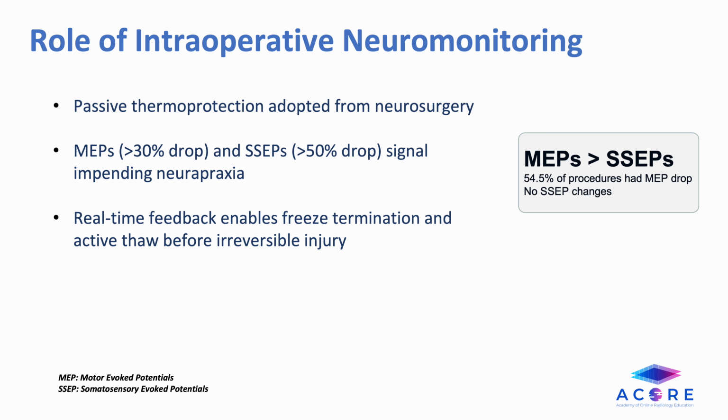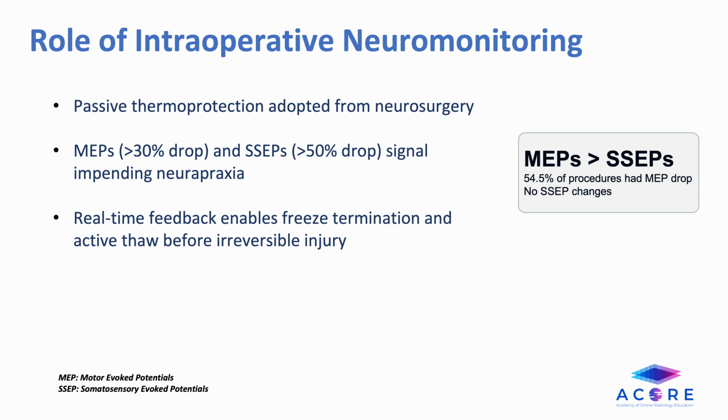Moving on, let's talk about the role of intraoperative neuromonitoring. As we know, passive thermal protection techniques like hydrodissection, pneumodissection, and hydroconvection have been used for years, but intraoperative neuromonitoring offers a real-time functional approach as it monitors motor evoked potentials and somatosensory evoked potentials to detect conduction changes as soon as they occur.